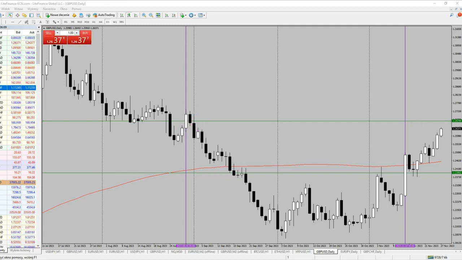Okay, so that's quite important. In other words, it represents a period of consolidation or indecision in the market. Traders often look for inside bars as potential signals of a breakout or continuation of the existing trend.